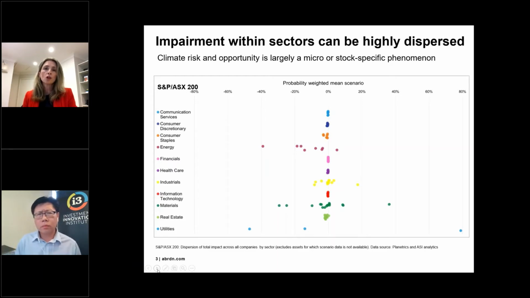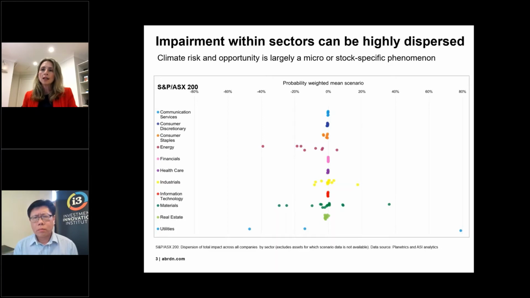When you aggregate results at the sector or index level, there is a masking of the dispersion of outcomes at the stock level. This is really the opportunity to generate alpha for active stock pickers, to be able to identify winners and losers and then make investment and portfolio decisions around that.